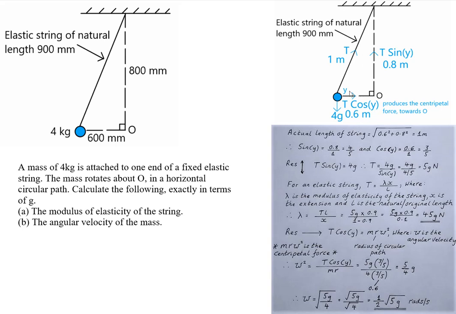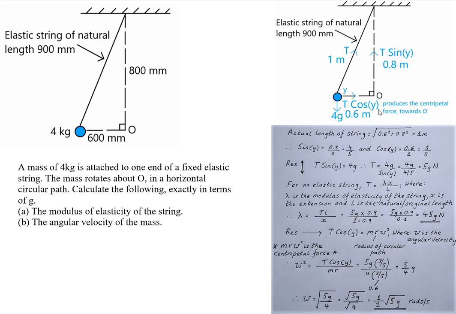I have let the angle of the string to the horizontal be y. It is cos y because we have the adjacent and the hypotenuse, and the vertical component of T is given by T sin y. Sin y because we have the opposite and the hypotenuse.